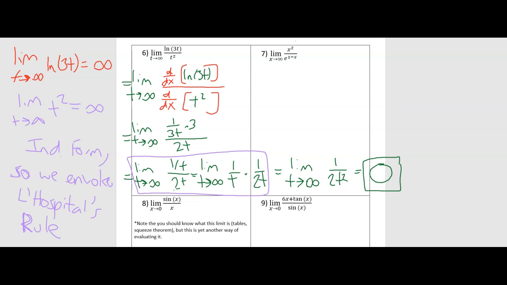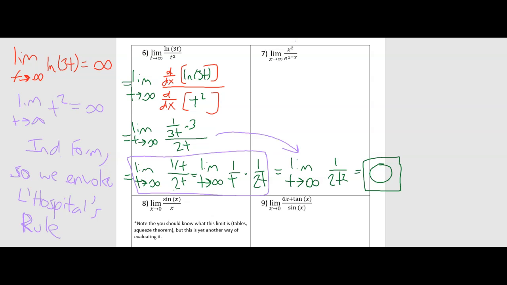So you don't have to show each step. I'm just showing you because I think sometimes it's helpful. But if you wanted to, you could jump straight from here to here. You just better make sure you know that you're doing your algebra correctly, right? Because I'd rather write out a couple more steps and not make a mistake than try to do something in my head and make a small mistake that causes my limit to be incorrect.